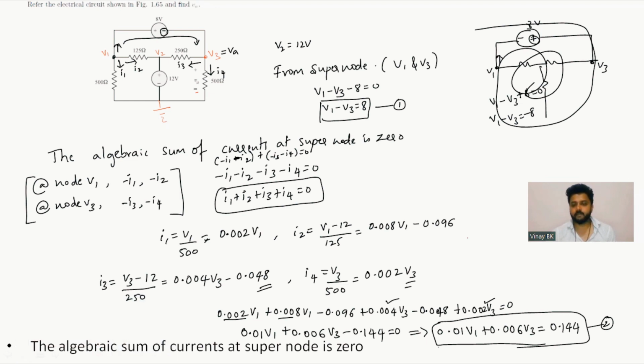By solving equations 1 and 2, you can get V1 equals 12 volts and V3, that is nothing but VA, equals 4 volts, and this is the answer.